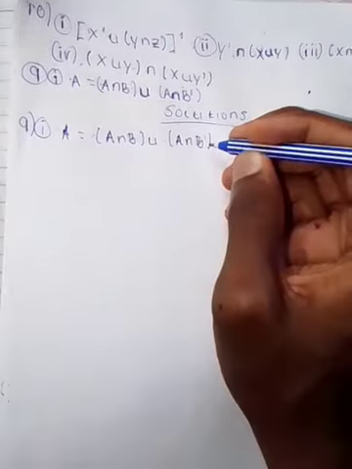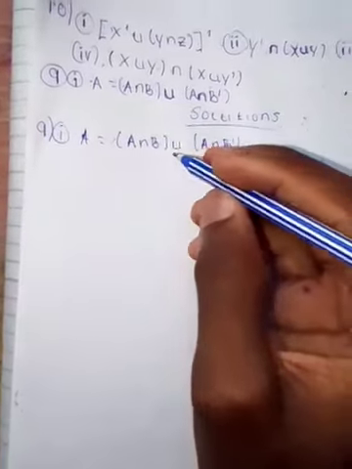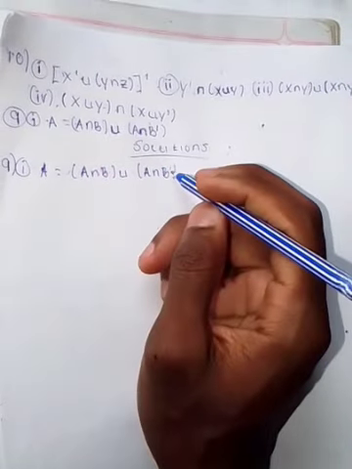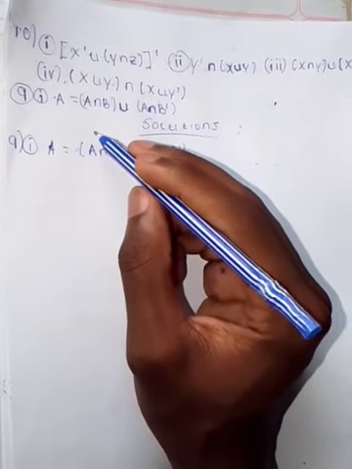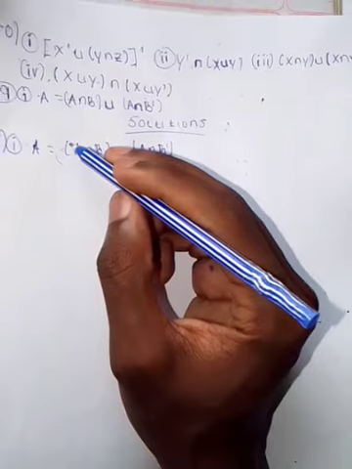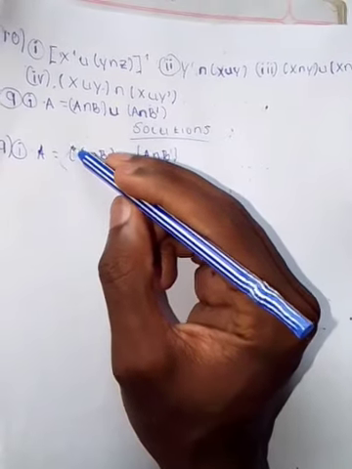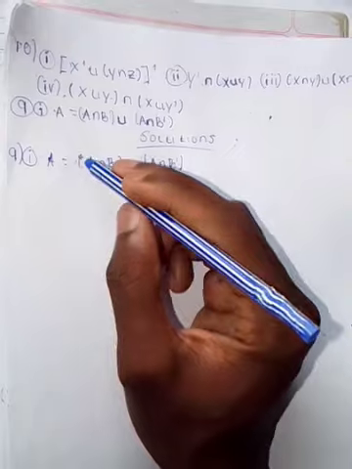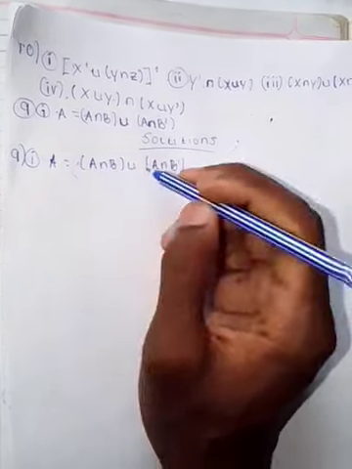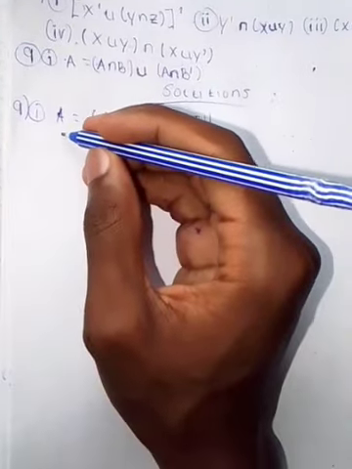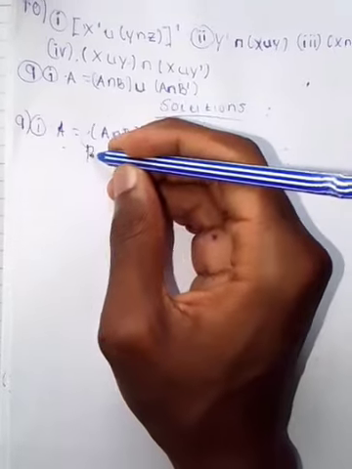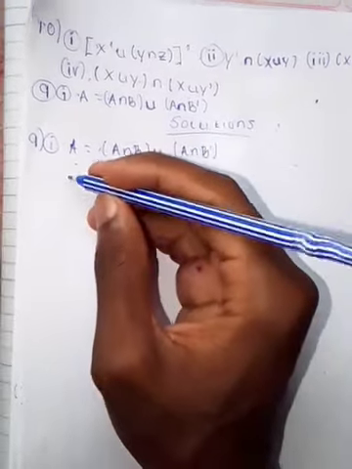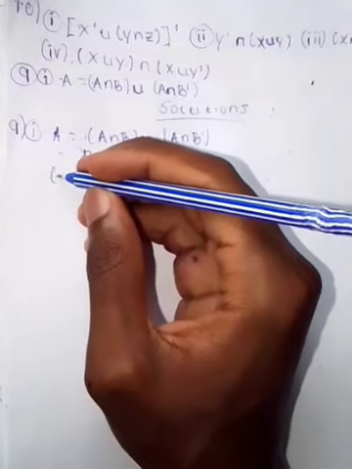Okay, so whenever you're in a scenario like this, you should always pick the most complicated part, the one that seems to be complicated, having a lot of sets involved. So now here we are going to get the right hand side. So we're going to say right hand side. So you're going to write it.